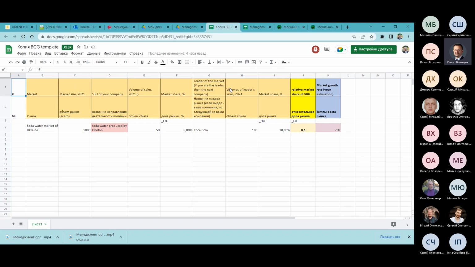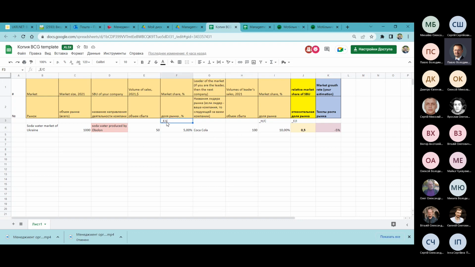So it is just an example with some figures. So here is market size. Then it should be a description of your strategical business unit, then market share of your strategical business unit and market share of the leader of the market.